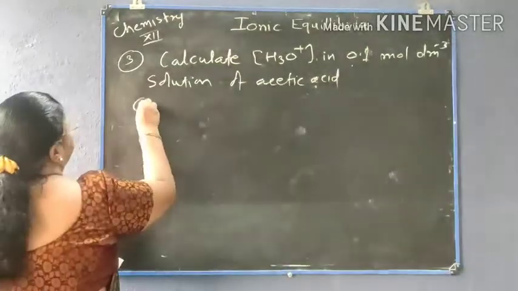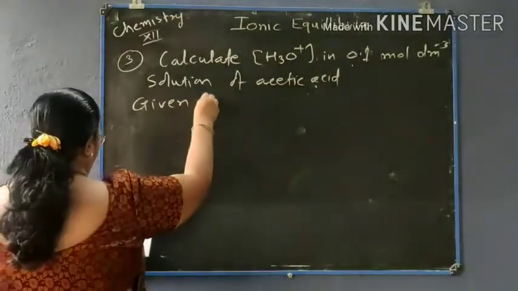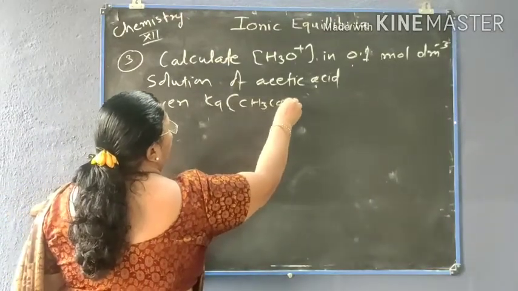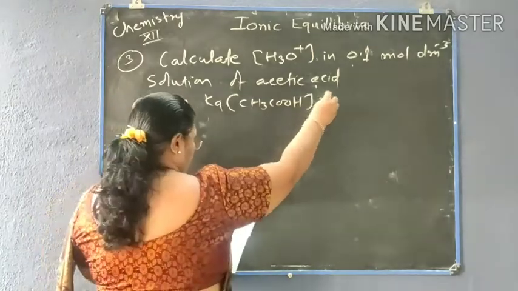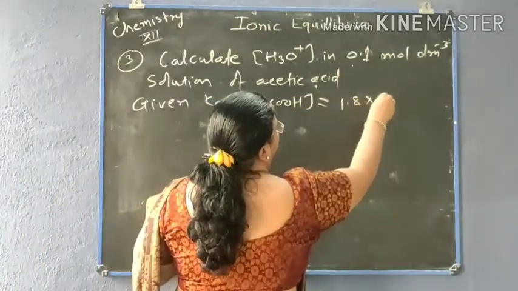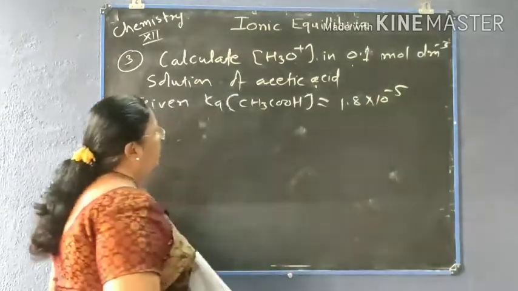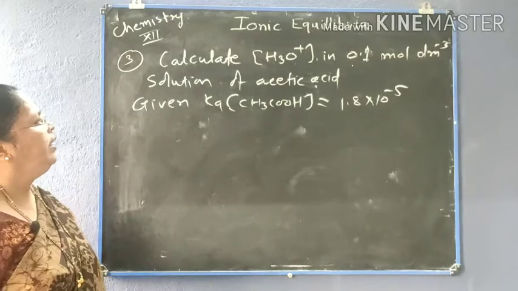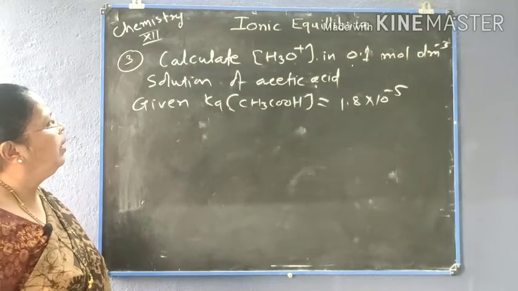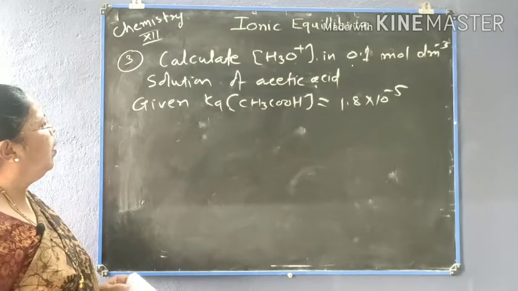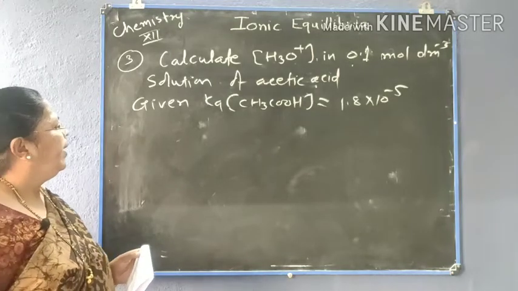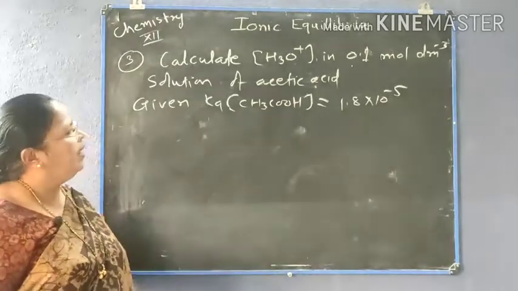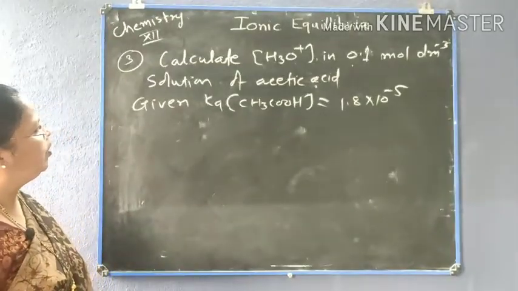Here given Ka of acetic acid, CH3COOH, is equal to 1.8 into 10 raised to minus 5. Calculate the concentration of H3O plus in 0.1 mole per dm cube solution of acetic acid. Given Ka, the dissociation constant for the weak acid acetic acid, is 1.8 into 10 raised to minus 5.